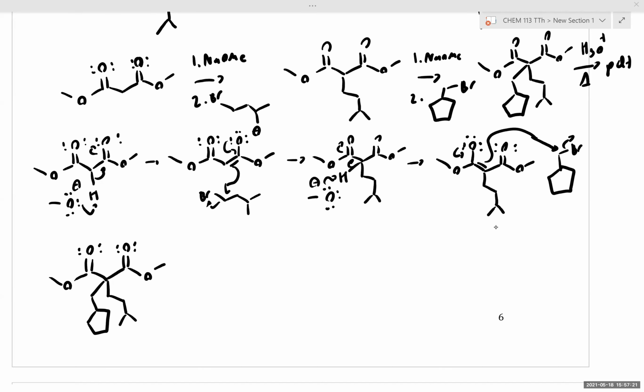Then water can attack our ester. From here, we can activate our leaving group via proton transfer.